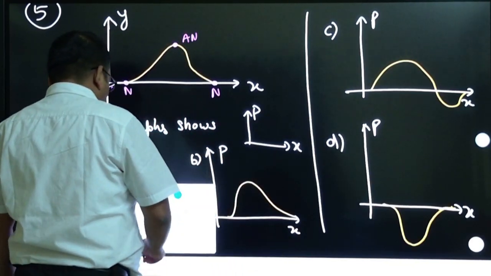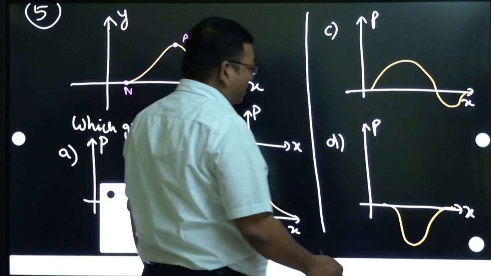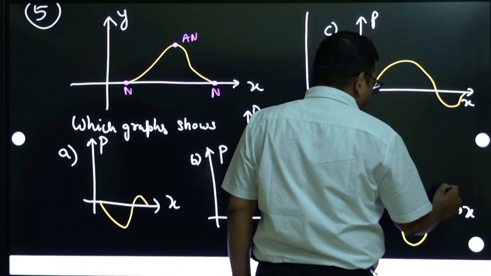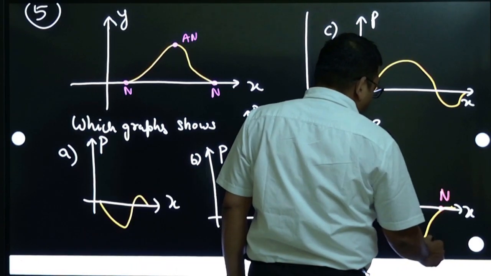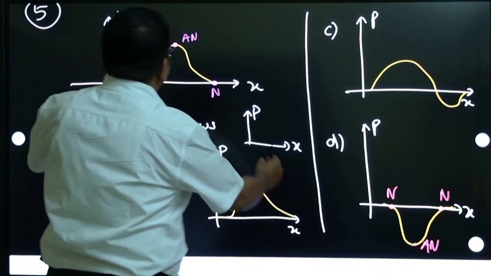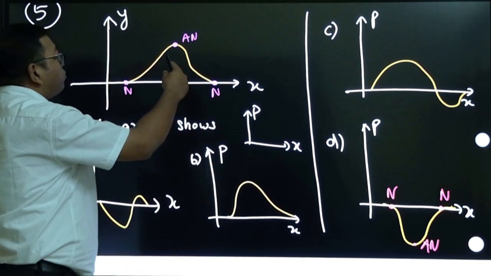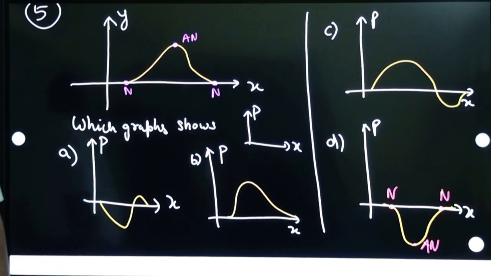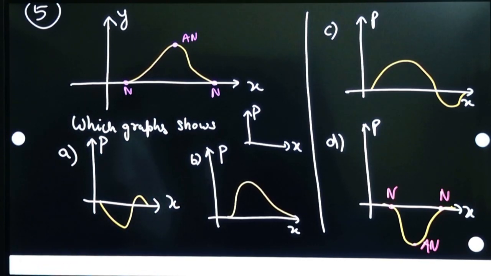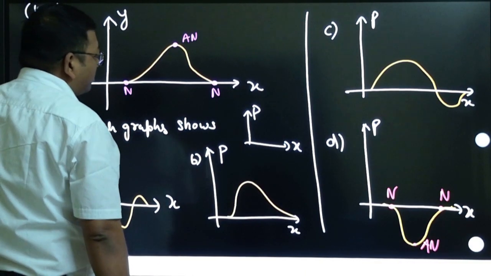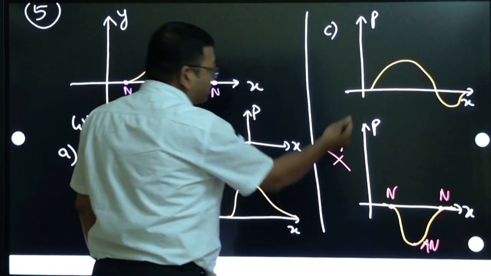Then you can choose that, right? These are two nodes and this is an antinode. But we want these two nodes to convert into antinodes. So you want two antinodes and one node. This is not correct.